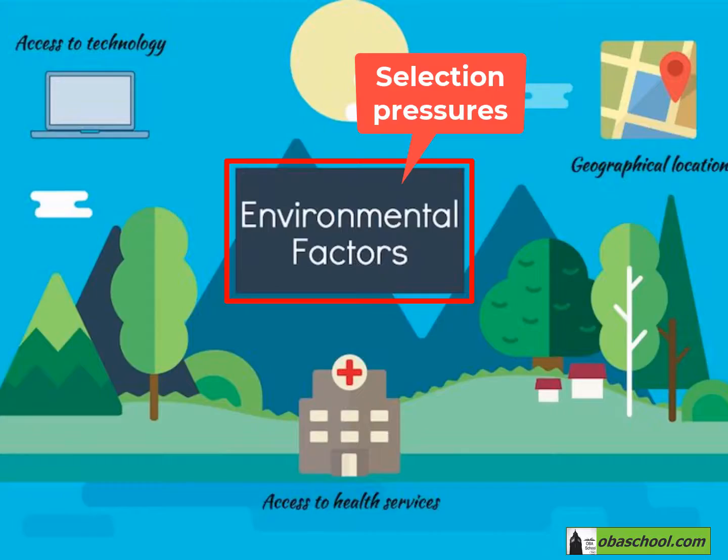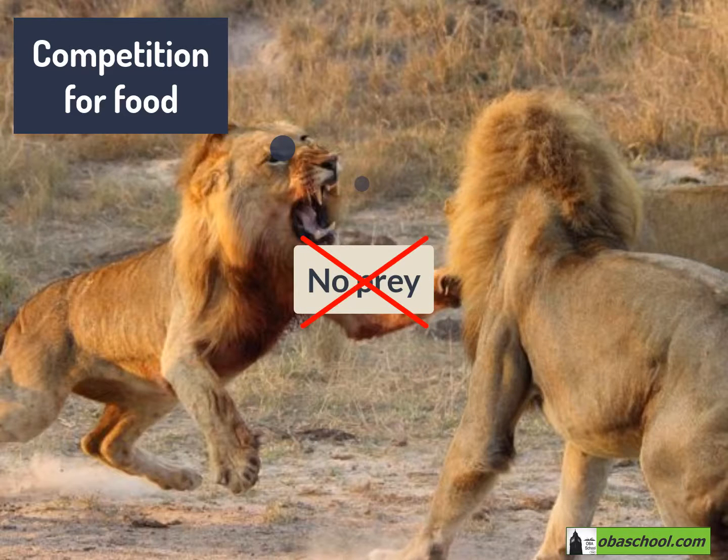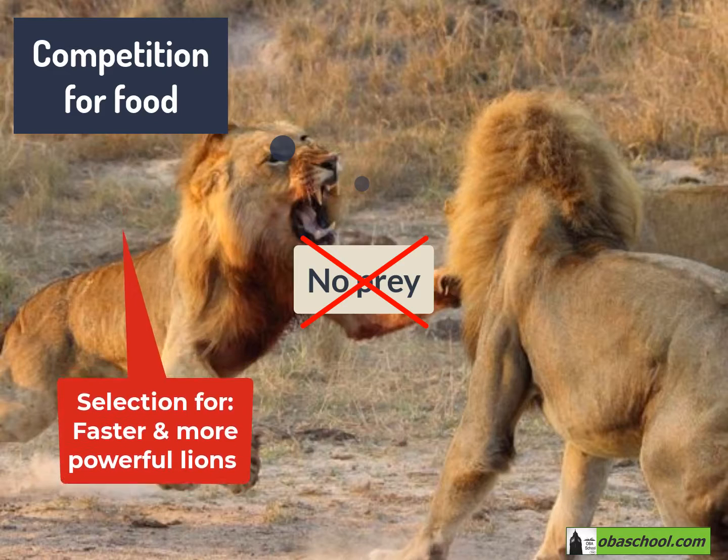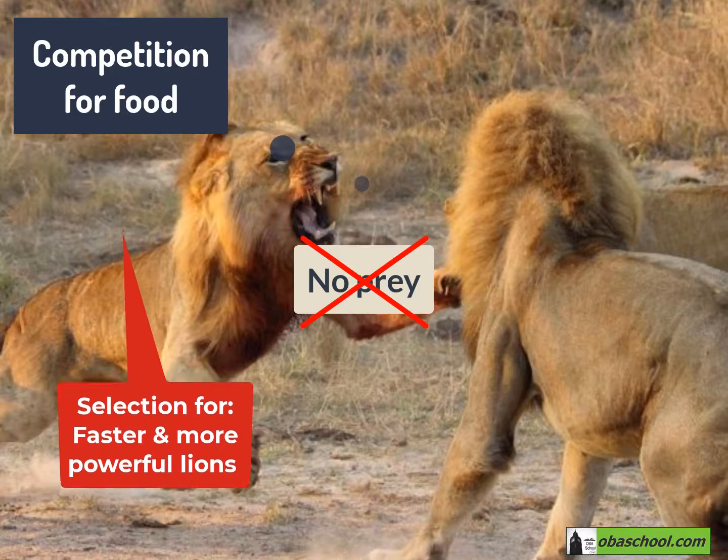For example, there could be high competition for food between lions if there is not plenty of prey available. This environmental factor selects for the faster, more powerful lions that are better hunters.